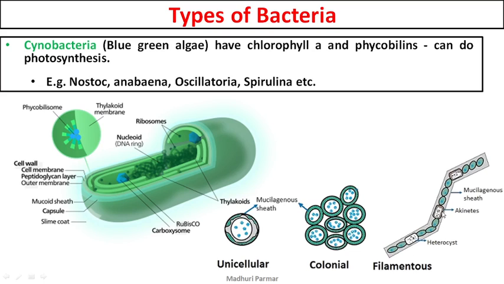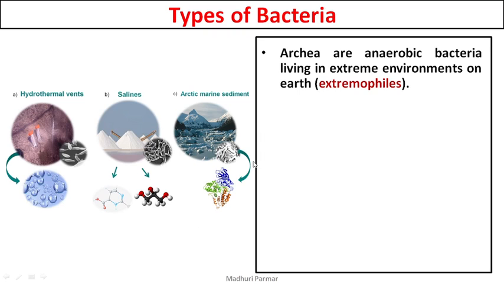These heterocysts are cells which have given up photosynthesis and they do nitrogen fixing. Because I have mentioned nitrogen fixing, you must have heard of Anabaena and Nostoc, which can fix atmospheric nitrogen and make ammonia. So they are actually important in some agriculture.